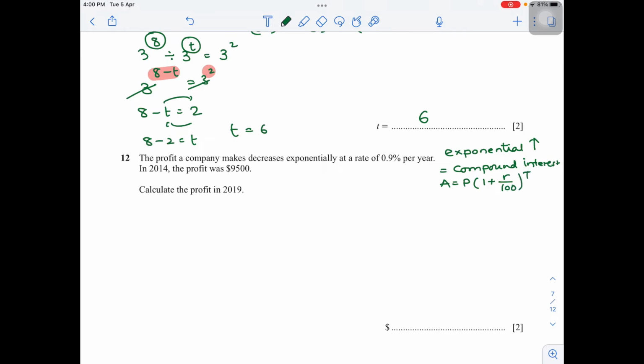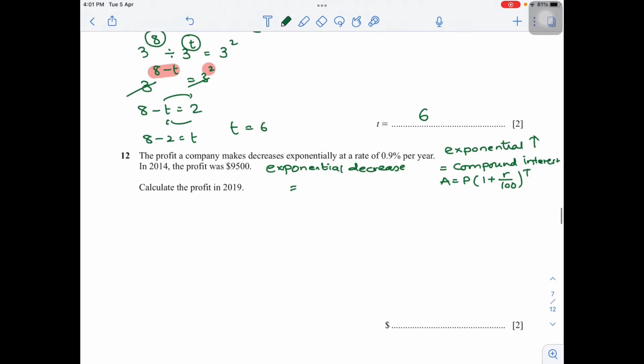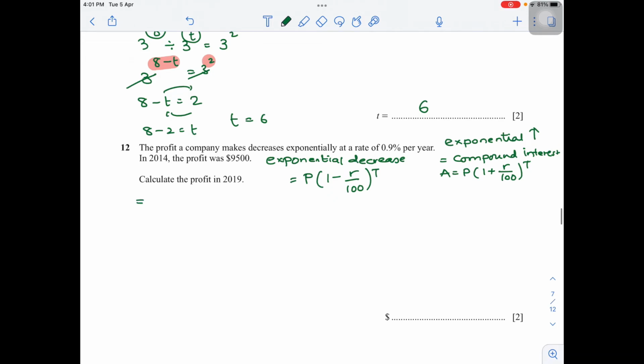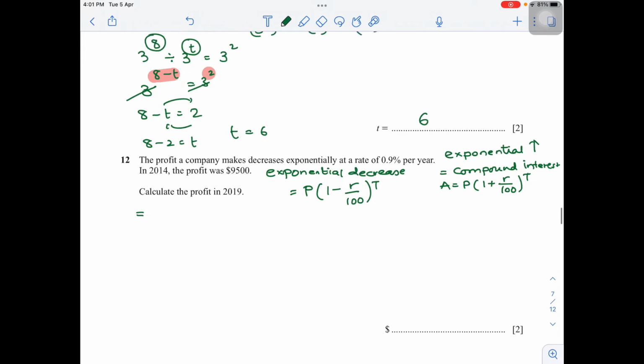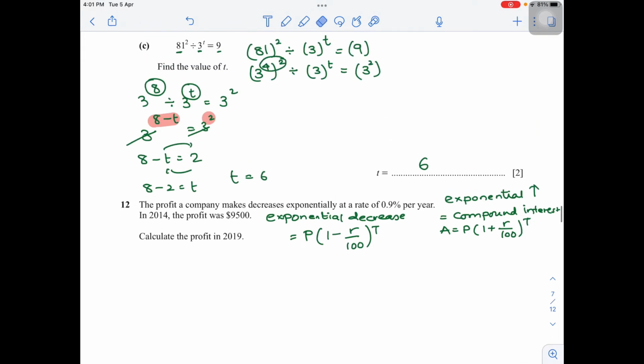Alright. Similarly, exponential decrease is A equals P times (1 minus R over 100) to the power T. Increases plus, decreases minus. Alright. So P, according to this, the profit was 9,500.